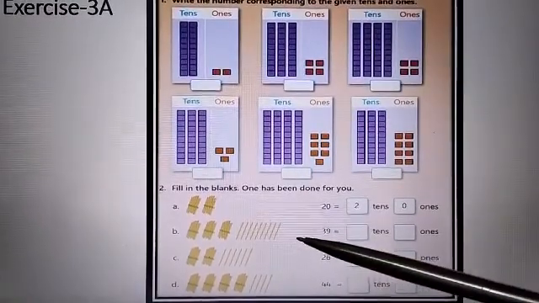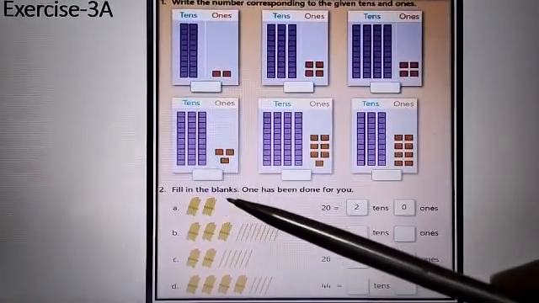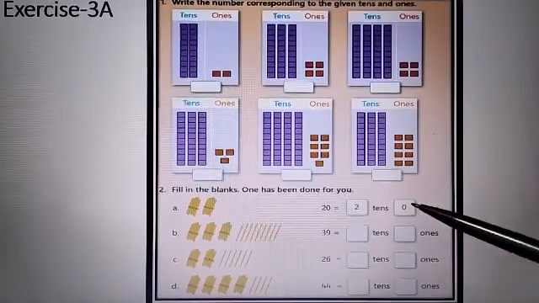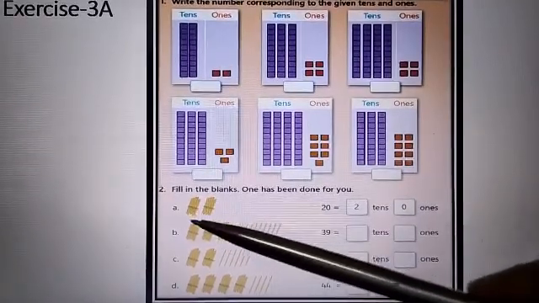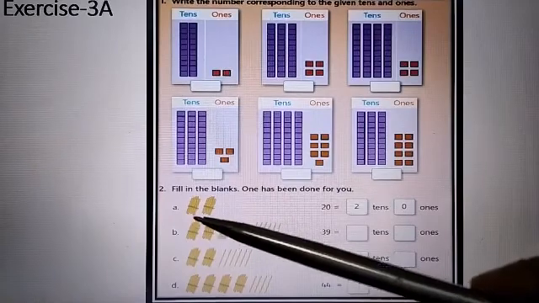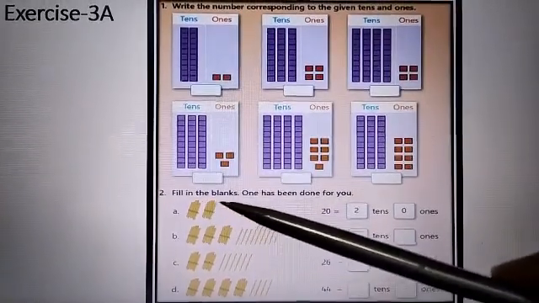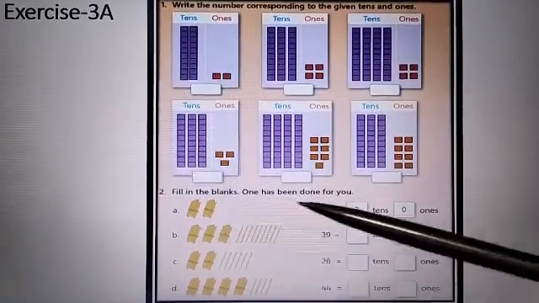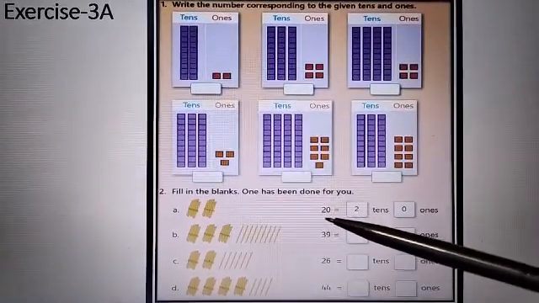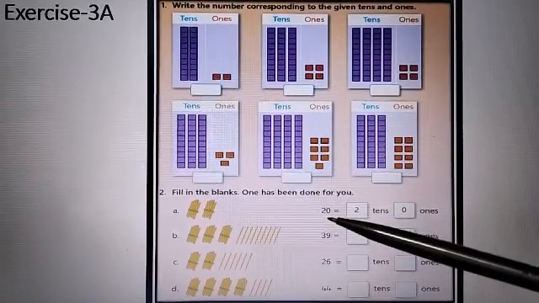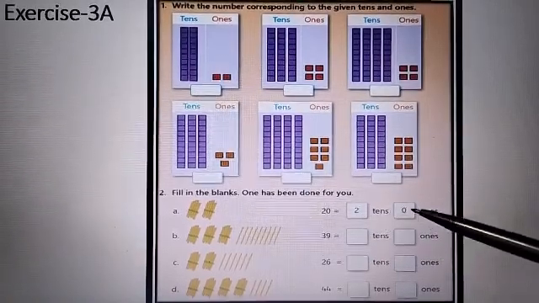Let us move to question number 2. Fill in the blanks. Okay, now the first one is already done. Let us see how it is. 1 and 2. This is 2 tens and 0 ones.